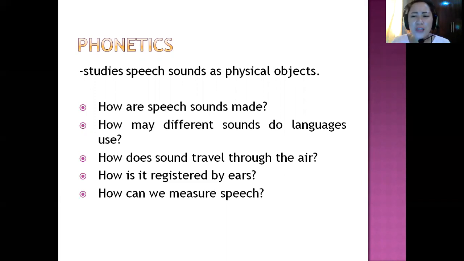The more so with the vibration of the vocal cords and other movements of the epiglottis, for example. So how is it registered by ears? How can we measure speech? We are studying something abstract, something we can never see.